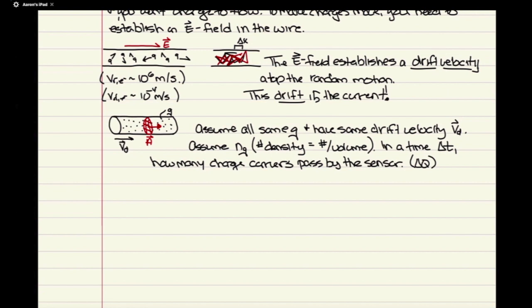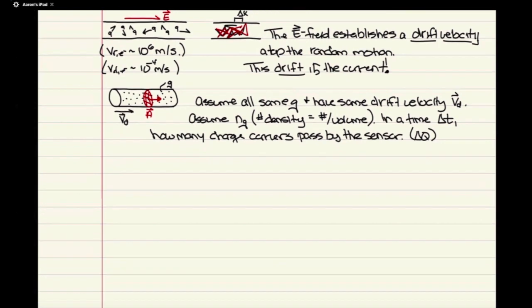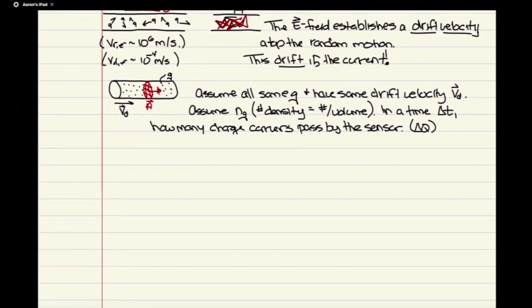Unsurprisingly, that is going to depend on the direction and magnitude of the drift velocity. But it should also depend on how many charge carriers there are. If it's a densely compact container of charge carriers, more charges are going to pass by that sensor every second compared to a very diffuse, nearly a vacuum of charge. Then while there might still be charge moving through that sensor, fewer are going to be passed by and logged in a given amount of time.